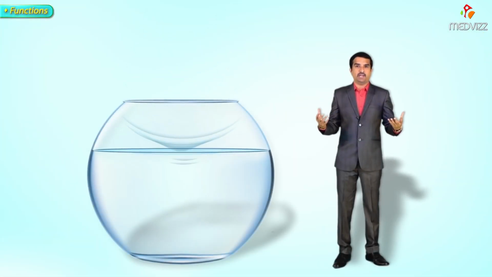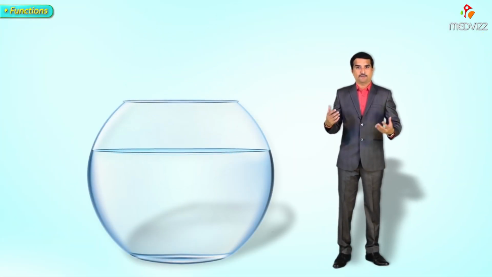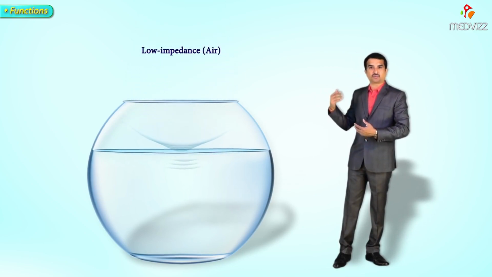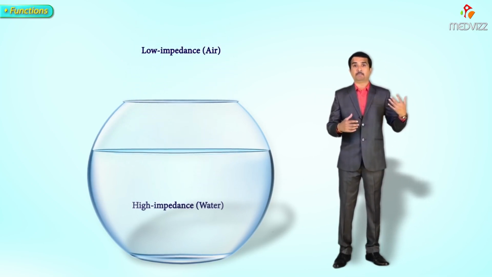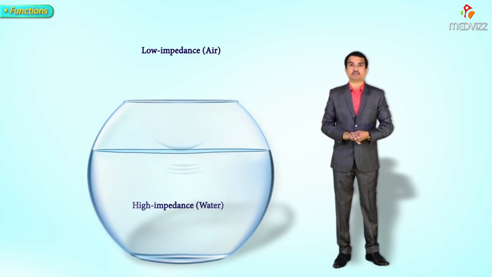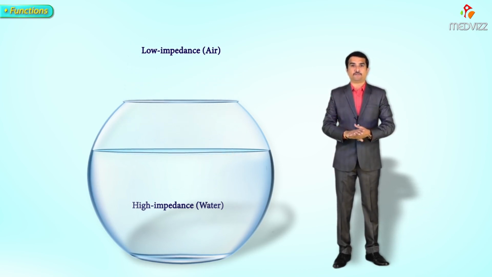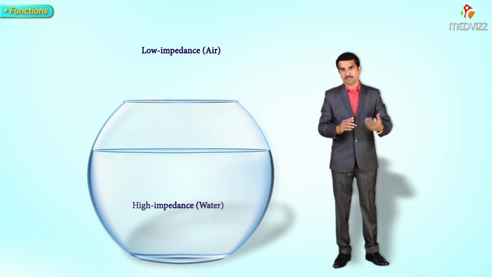When sound waves are transferred from a low impedance medium, that is air, to a high impedance medium, for example water, a considerable amount of energy is reflected and fails to enter the liquid.